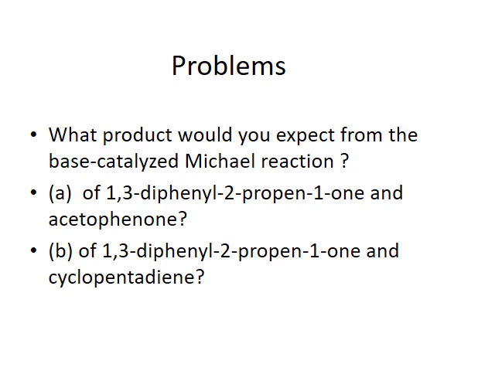Problems. What product would you expect from the base catalyzed Michael addition of the following? First example, it is a direct example of Michael addition. The base will generate the enolate from acetophenone.